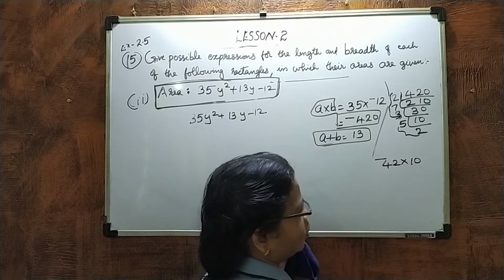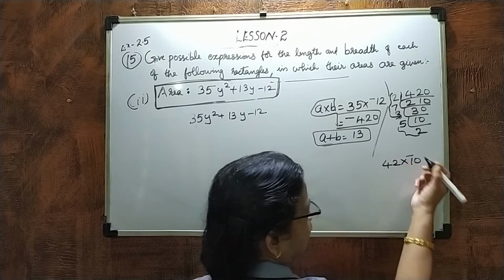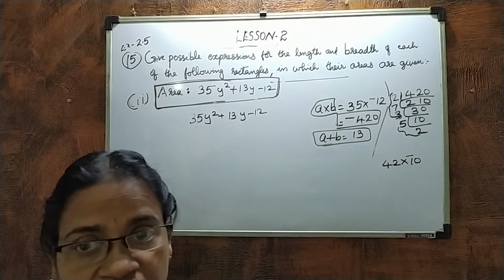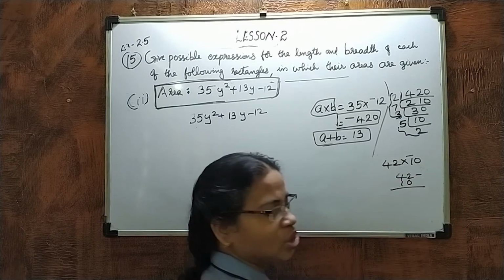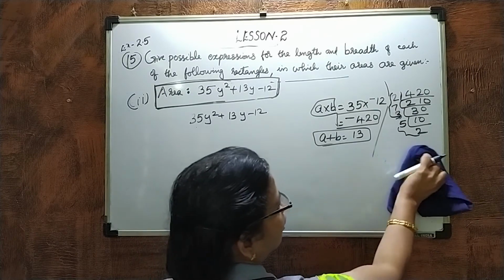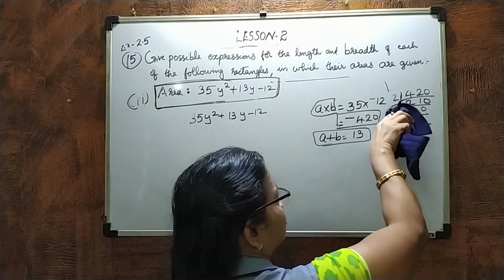So negative 42 into 10, or positive 42 into 10, now negative 10. Will you get the answer 13? Just find out 42 minus 10. No, you will not get it. Again what do you have to do then? The next one we have to try. Again each number you have to take and try.